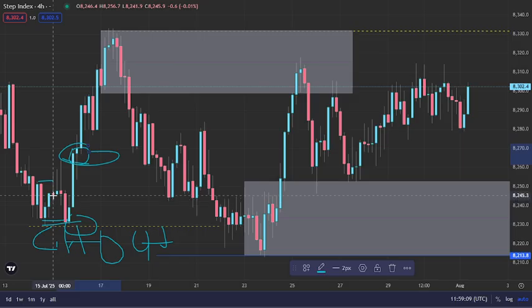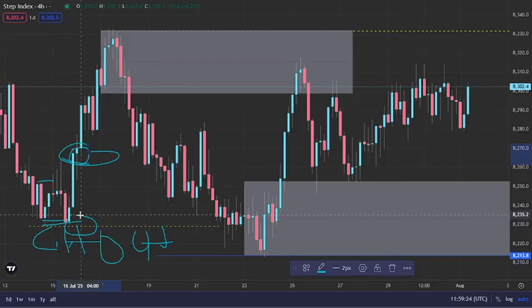The fractal strong structure was bearish, and it's flipped to bullish to here. Then it held and continued the move to the upside.